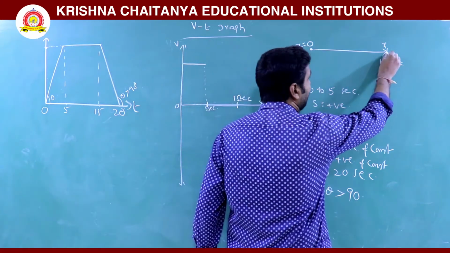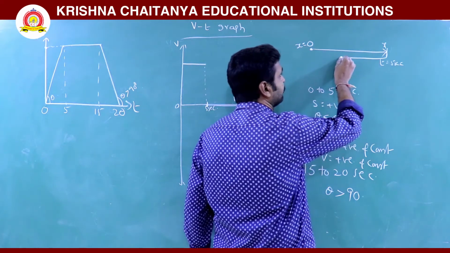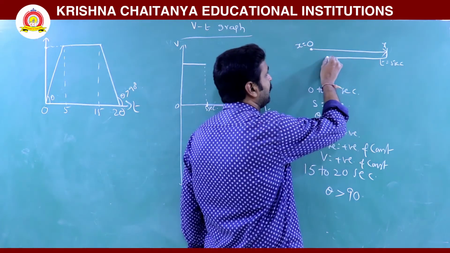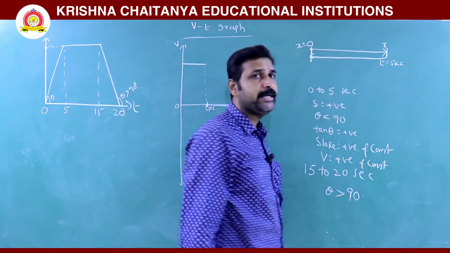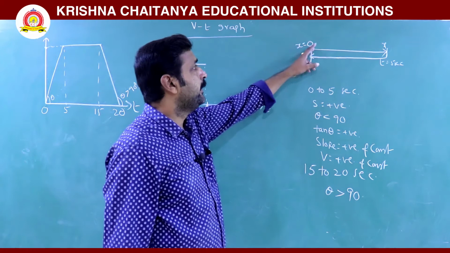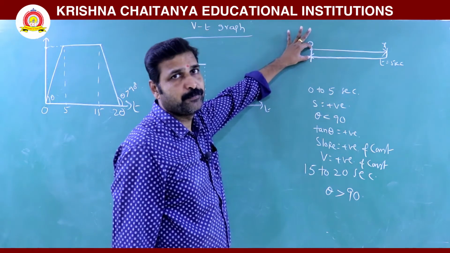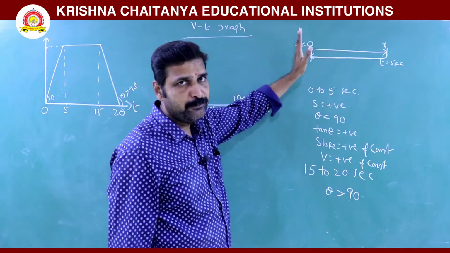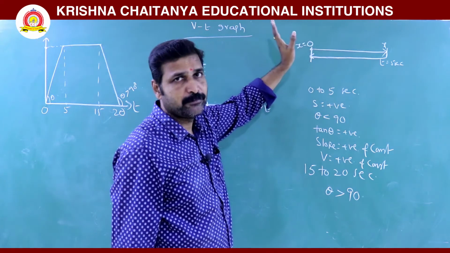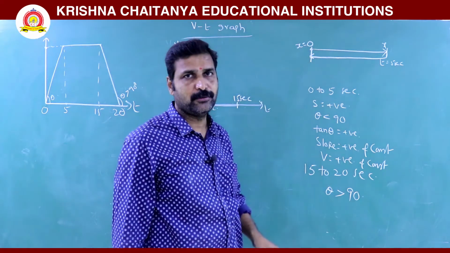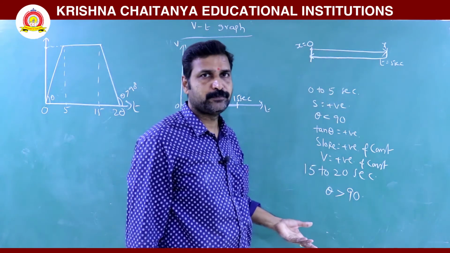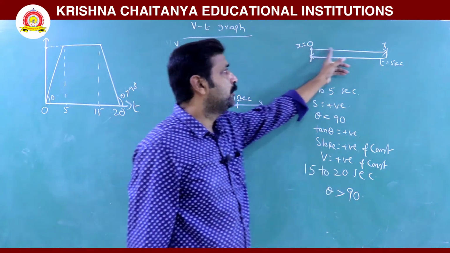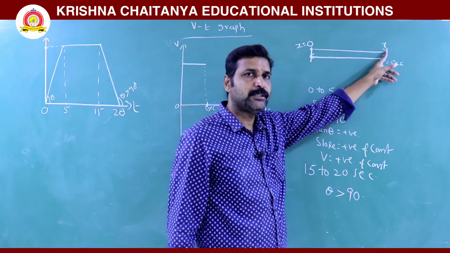When the body comes back to the same position, the final position is the same as the initial position, so displacement is 0. Up to that, displacement is positive. From 0 to x, displacement is positive.